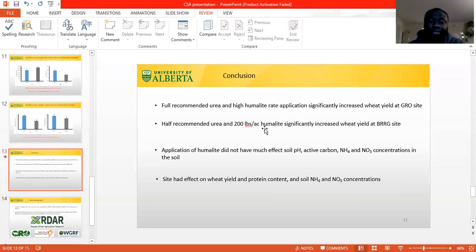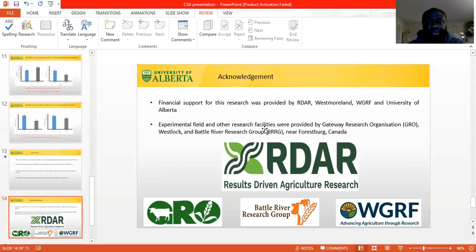Also, application of humalite did not have much or clear effect on soil pH, active carbon, ammonium, nitrate concentration in the soil. So we also saw that site had an effect on yield, protein content, and also soil ammonium and nitrate concentration in the soil.